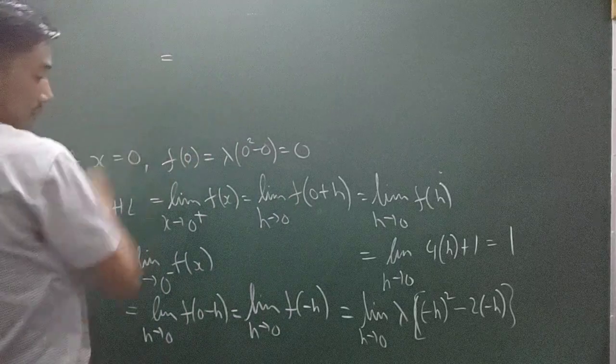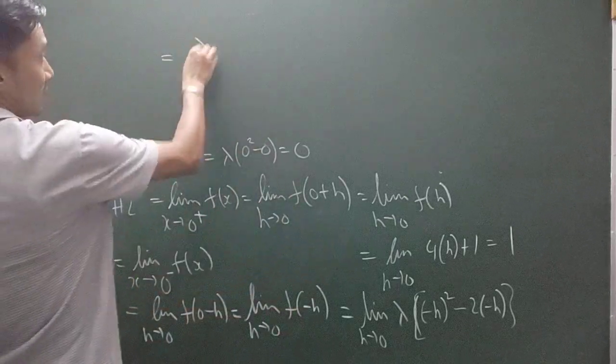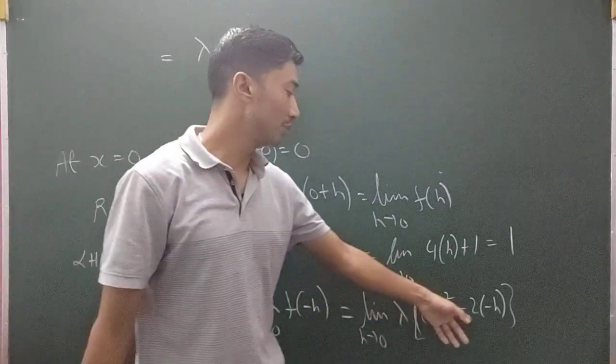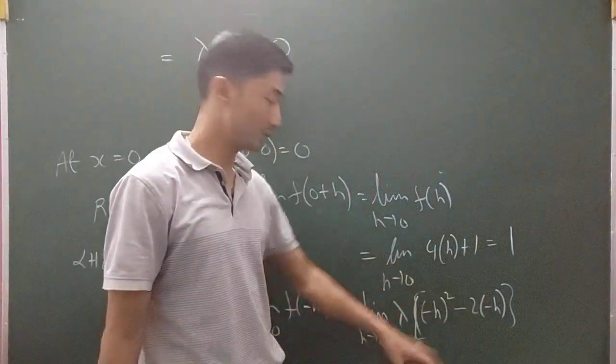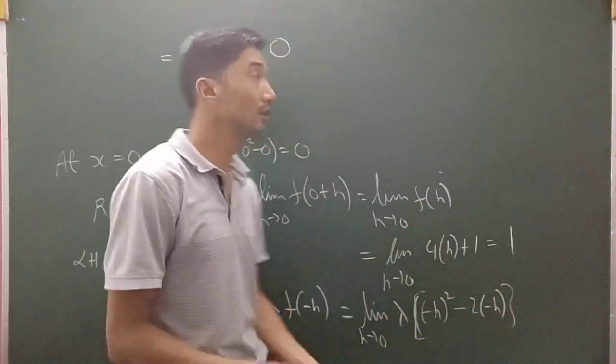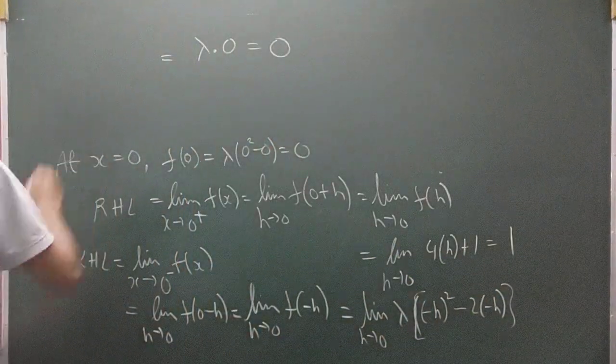That's going to be lambda into 0, which is again 0, because h square plus 2h, as h tends to 0, is 0, and into lambda that's again 0. So this value is also 0.